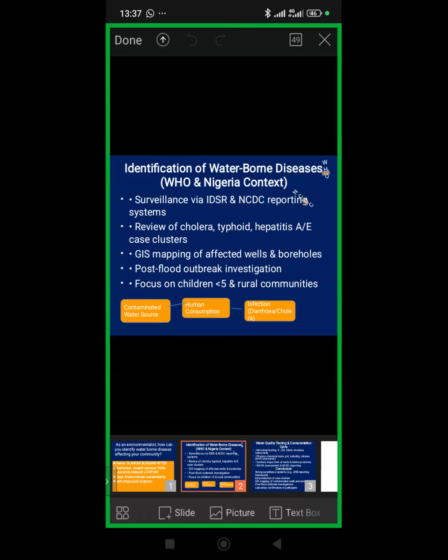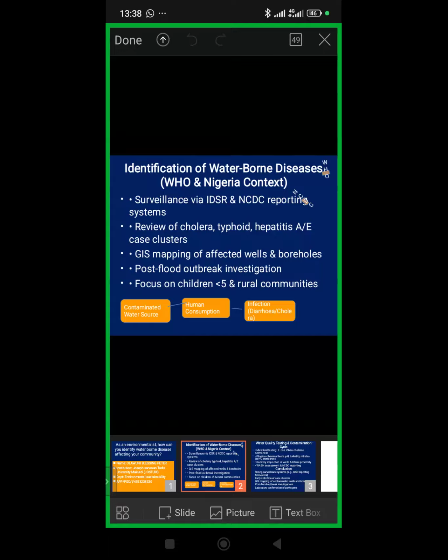They are to detect, survey, and report any analysis and response to priority diseases. And the second one says the review of cholera, typhoid, and hepatitis A and E case clusters, which is a systematic investigation conducted when two or more cases of disease occur within a short period of time.